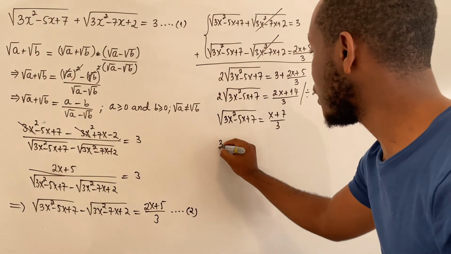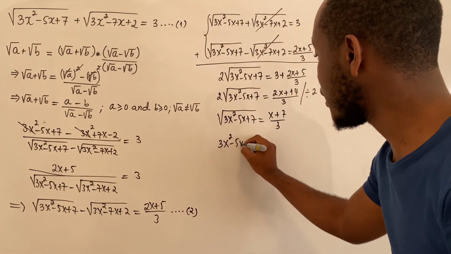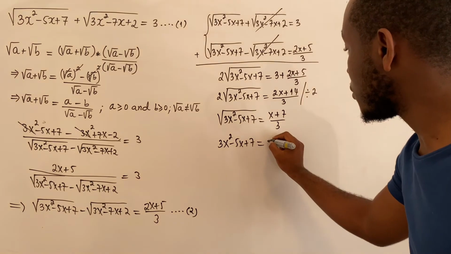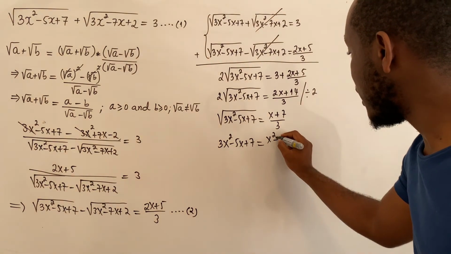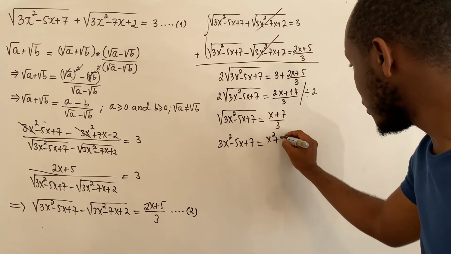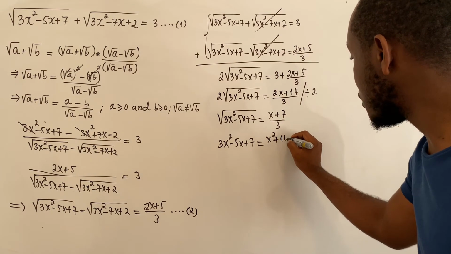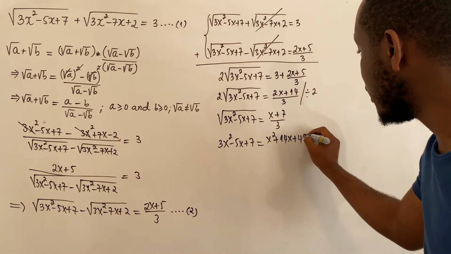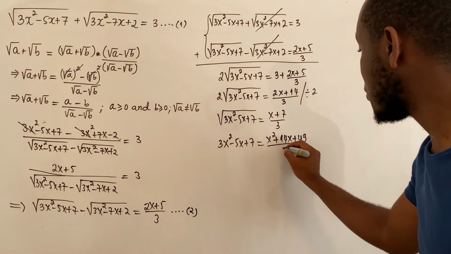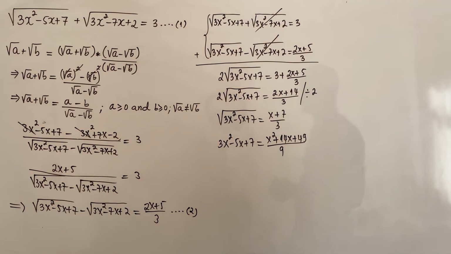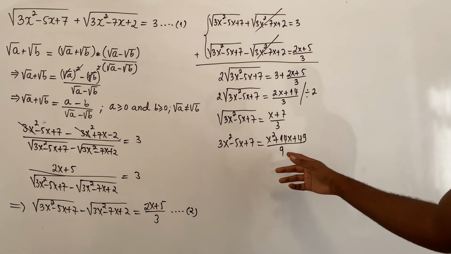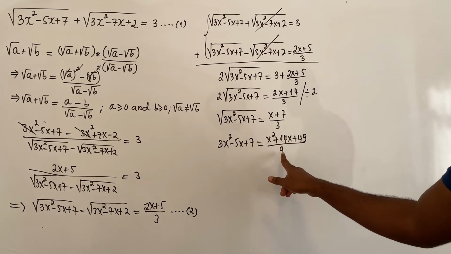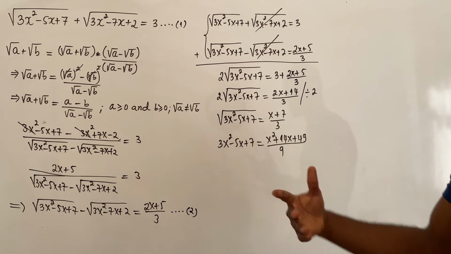We're going to have 3x squared minus 5x plus 7 equal to x squared plus 2 times ab, so we're going to have 14x plus 49 over 3 squared, which is 9. So we can now solve this expression by cross multiplying. 9 goes to that side multiplying.